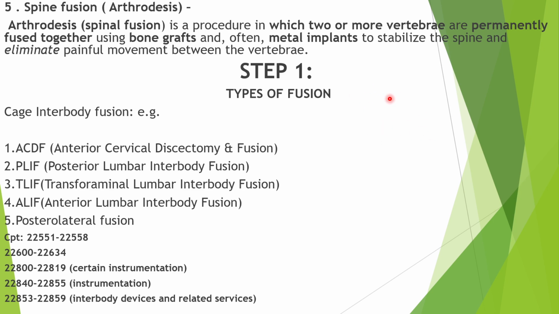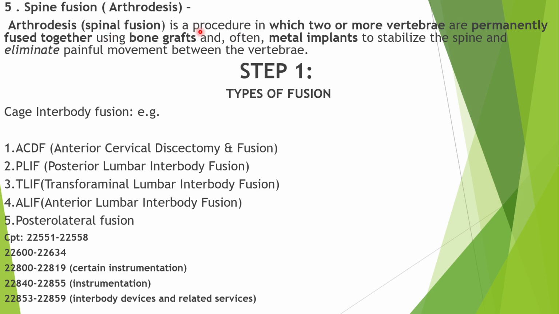So what will the surgeon do? The surgeon fixes those bricks together using screws or bone so that they become one strong brick, to stop moving and relieve the pain.